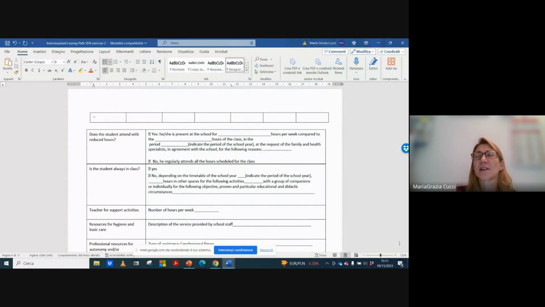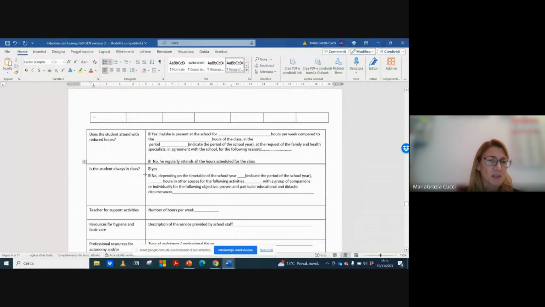For instance, he is very weak in a specific period, so it is not good for him or her to come to the school all the time. There can also be family reasons. There can be some difficulties that can be requested by the family or by medications that follow the student.